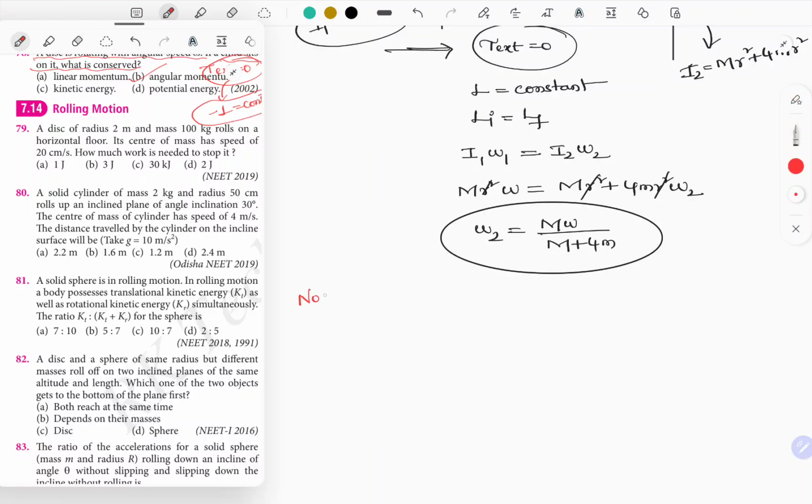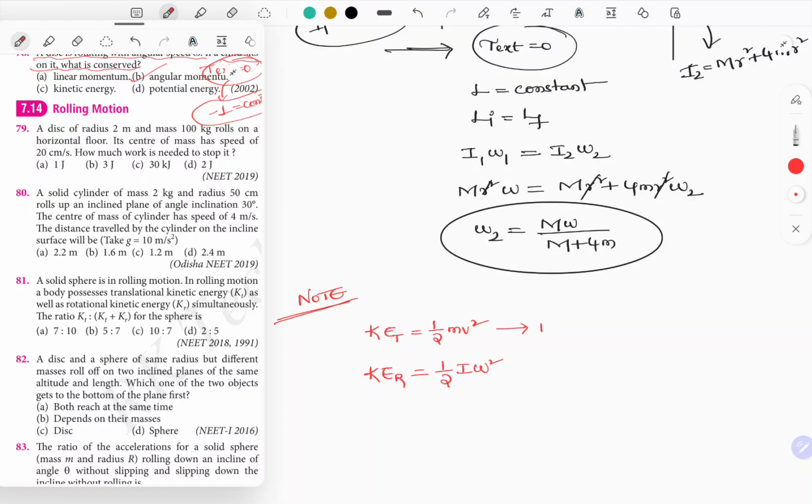So first of all, a note. What about the translational kinetic energy formula? Translational kinetic energy is equal to 1 by 2 m v square. Rotational kinetic energy is 1 by 2 I omega square.